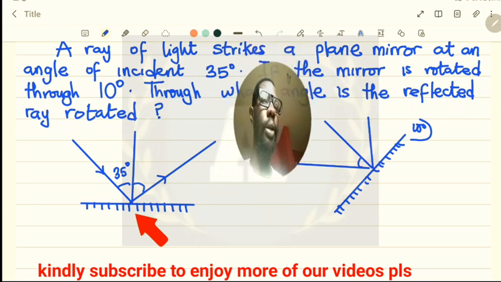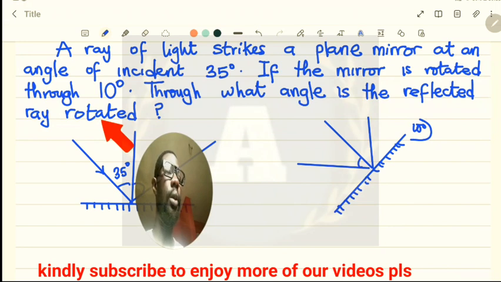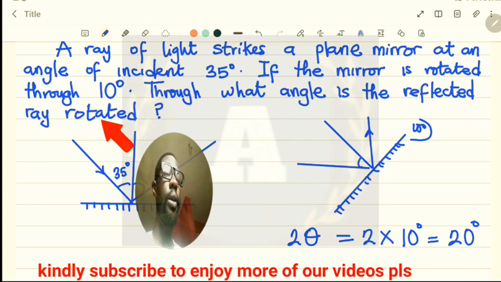Now we are asked, through what angle is the reflected ray rotated? The reflected ray is going to be rotated using the equation 2 theta. Now 2 theta is the same thing as 2 multiplied by the 10 degrees, which is 20 degrees. So that is the answer to that.